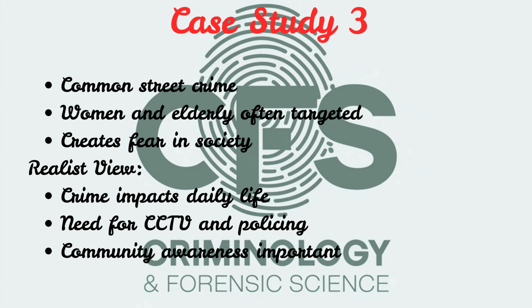From a right realist perspective, they reflect inadequate policing and lack of deterrence. Realist criminology highlights that even small crimes matter because they affect the daily lives of people. Therefore, solutions like increased police presence, CCTV surveillance, and community awareness become essential.